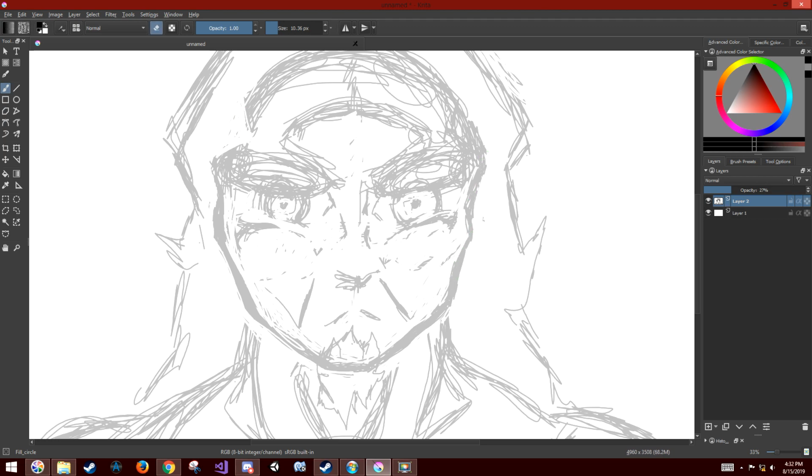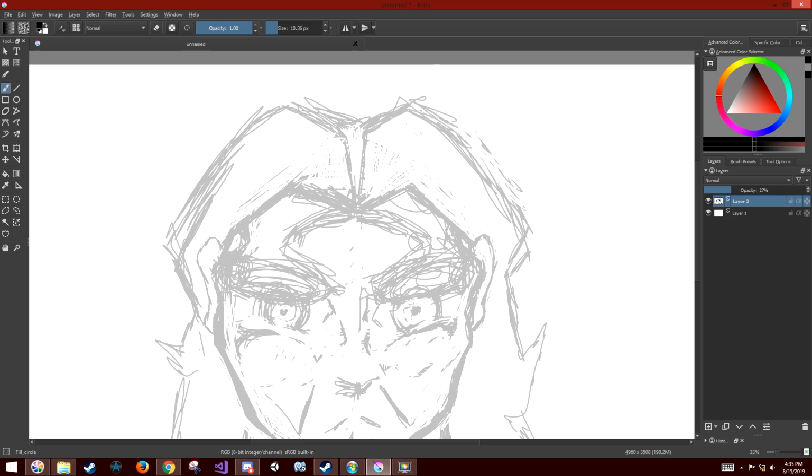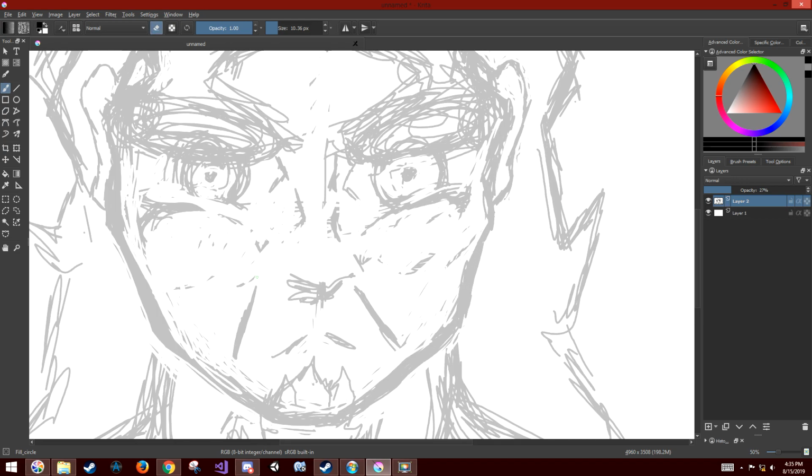I think of molding clay because molding clay is very three-dimensional. You want to think about your drawing in three-dimensional terms, even though you're drawing in two dimensions, so that you bring depth and life to what you're drawing.